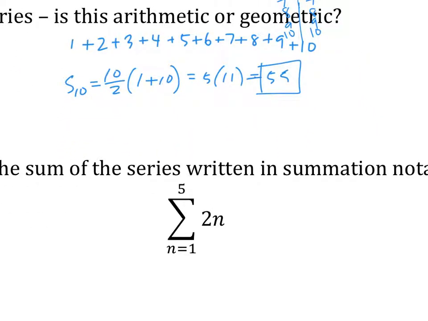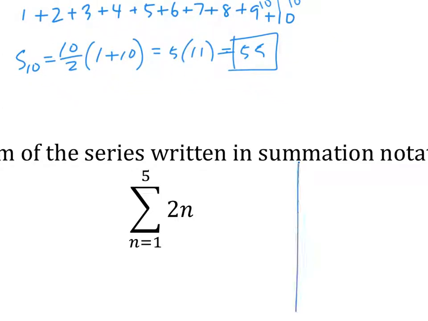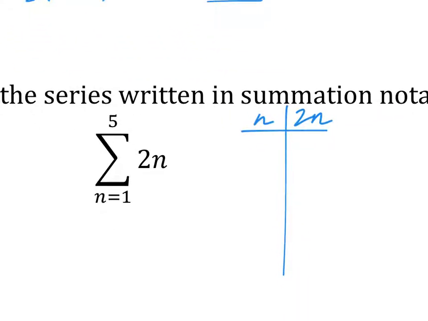The sum of 2n from n equals 1 to 5. Take out a chart. N, f of n. F of n is 2n this time. Okay, go ahead and figure out what the sum is. All right, again, this question has 2 ways to solve. 1, 2, 3, 4, 5.